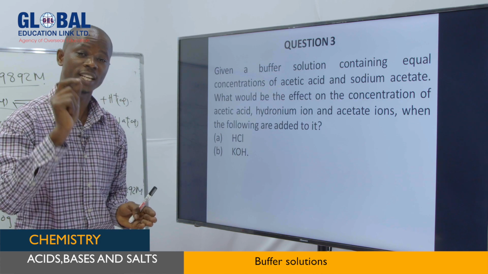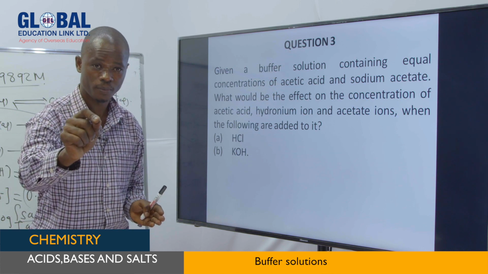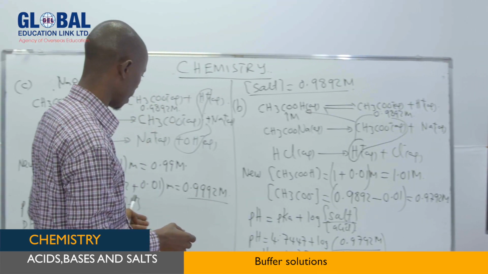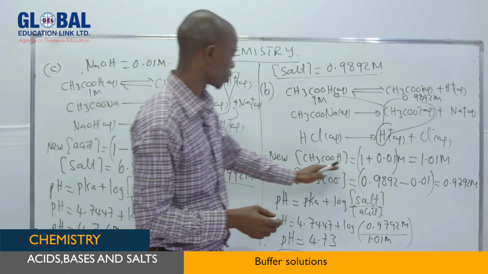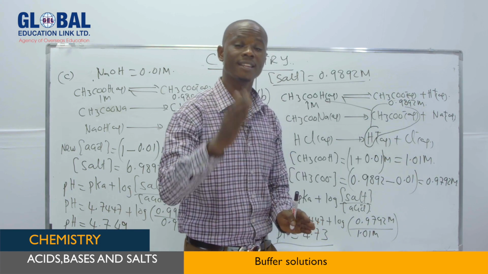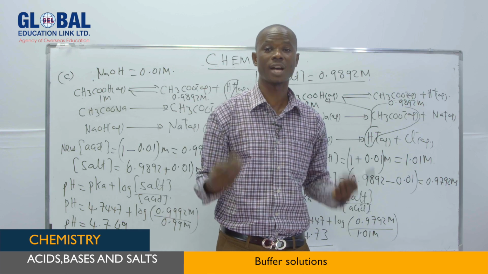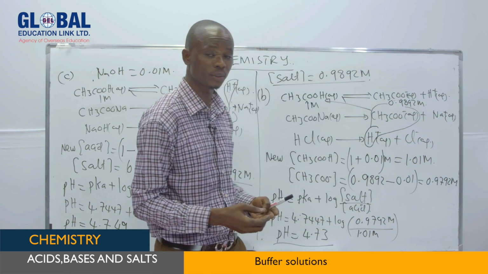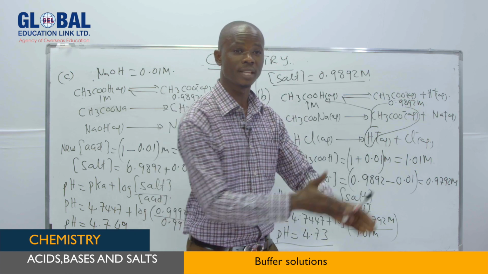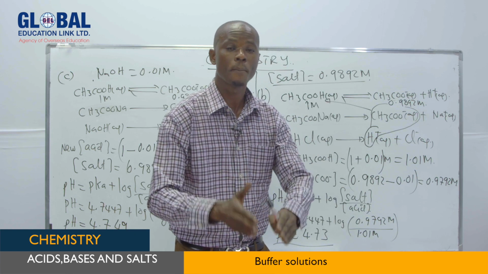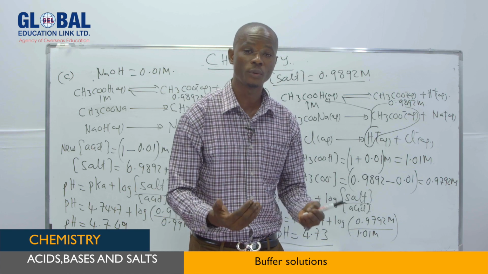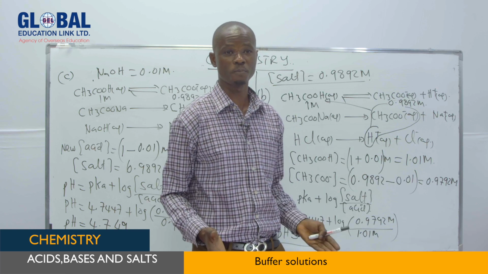So the concentration of the acetic acid will increase by the same amount as the acid which is added. And how about the acetate ion? The acetate ion will decrease because it will be used to form the acetic acid, by the same amount that is added. And the concentration of hydrogen ion will remain constant. So it is very simple.